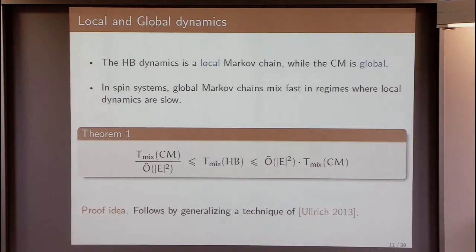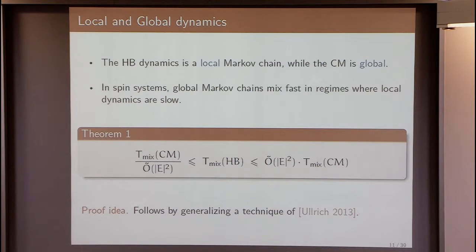Now it's easy to see that there is a substantial difference between the two dynamics I just described. The heat bath is a local process that changes one edge at a time, while the Chayes-Machta dynamics is a global process that changes many edges. And in spin systems, it is known that some of these global Markov chains are faster than their local counterparts, in fact substantially faster in some regimes.